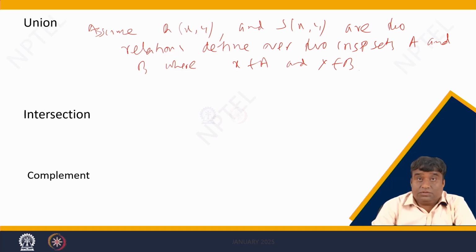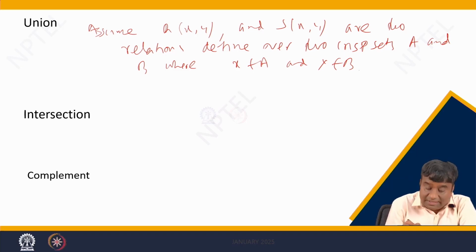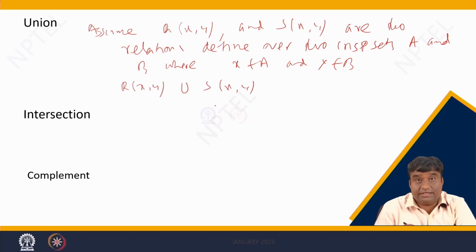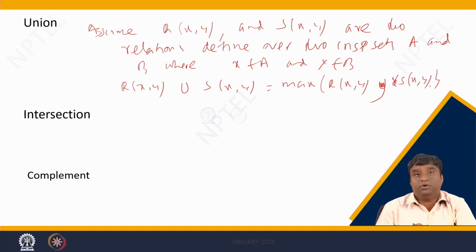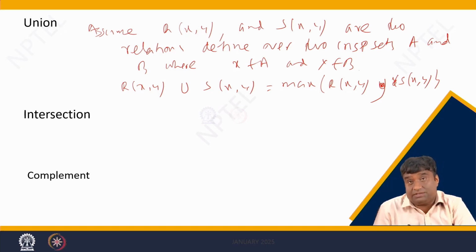The union of these two relations, R(x,y) union S(x,y), is equal to the maximum of R(x,y) and S(x,y).